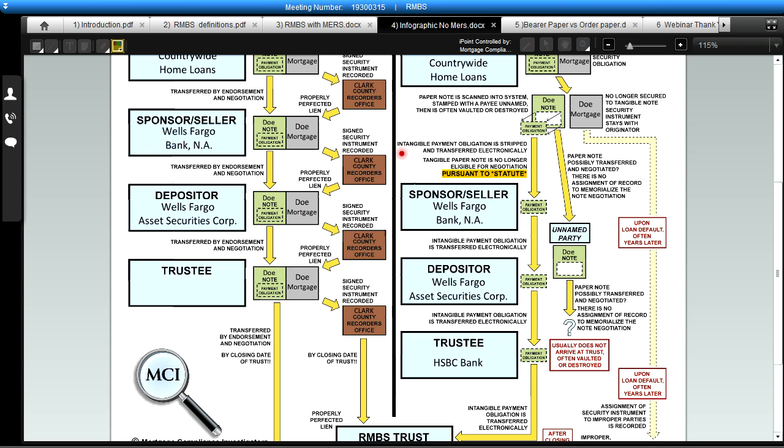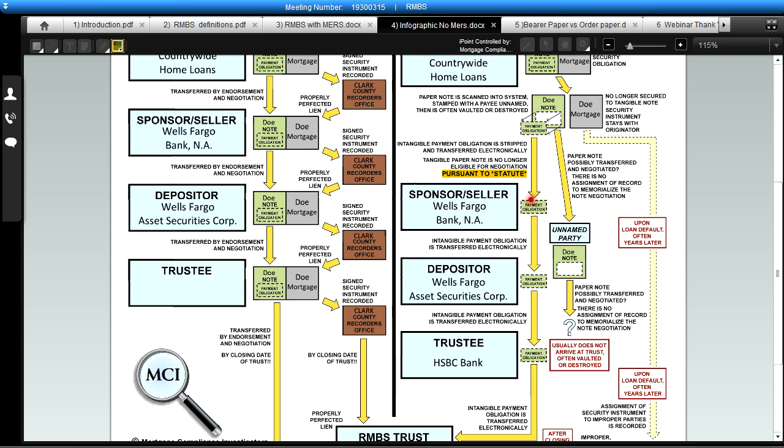So by only selling a portion, this was less than the entire instrument, which was comprised of the tangibles, the note and the mortgage, and the intangible, the right to collect on future payments. So now, when this intangible payment obligation is stripped out, it's sold to the sponsor seller. The sponsor seller sponsors the transaction, and they buy the intangible payment obligation.